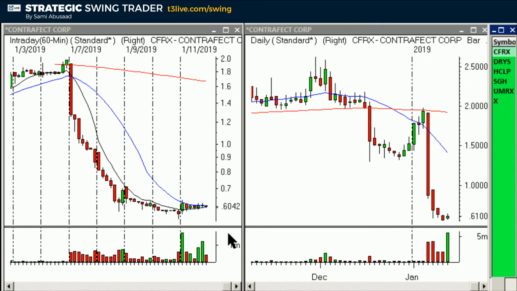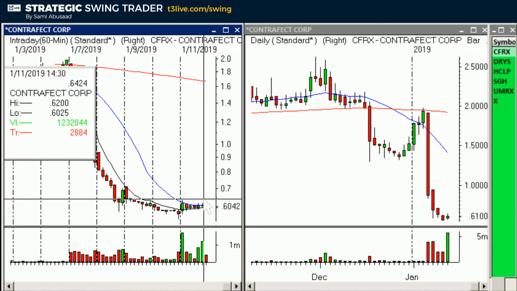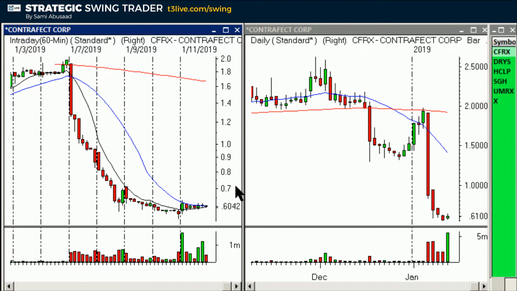So the CFRX is trying to transition, hasn't yet based for very long above the 20, but that's the idea. It's a transition A, is what I call it, on the hourly chart. And I like it higher.